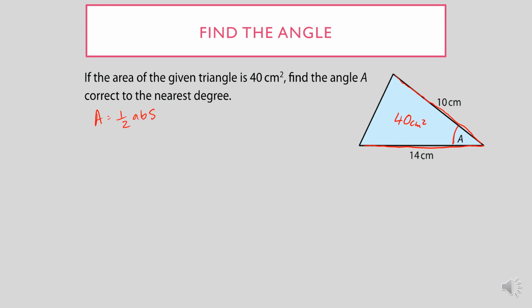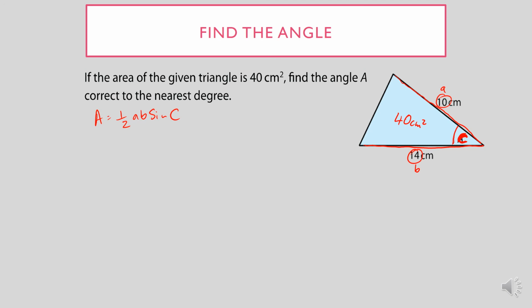So we're going to start by writing down our formula, half AB sine C. The next step is to label our formula. In this formula, the angle in question is called angle C. So in fact, what's called A here now, we're going to call angle C, and the sides adjacent to it will be A and B. Okay, so let us fill in the information we have.